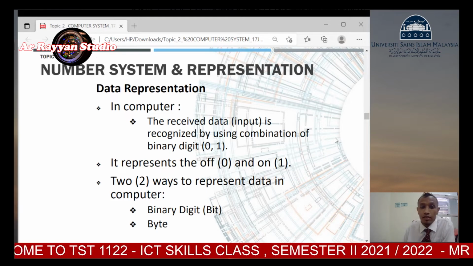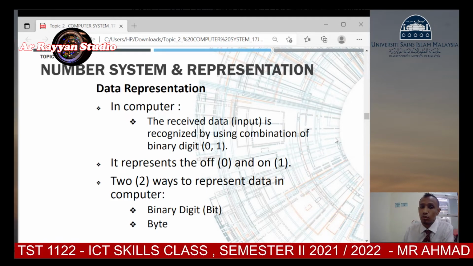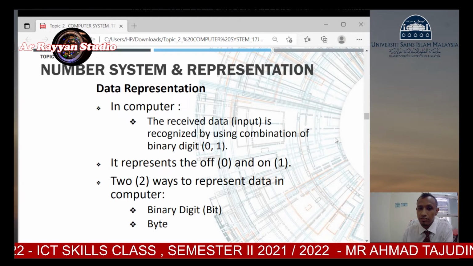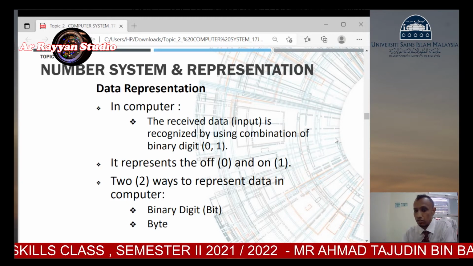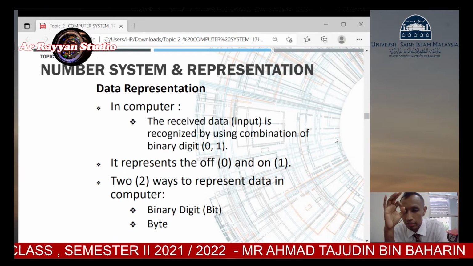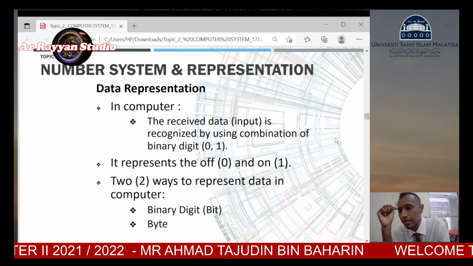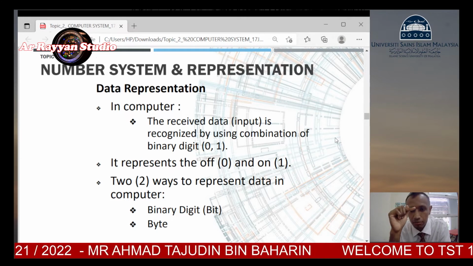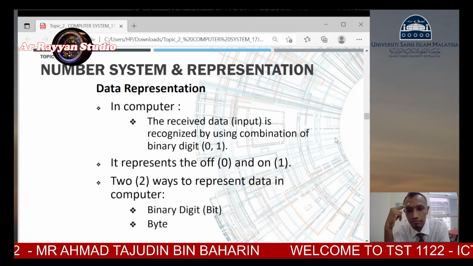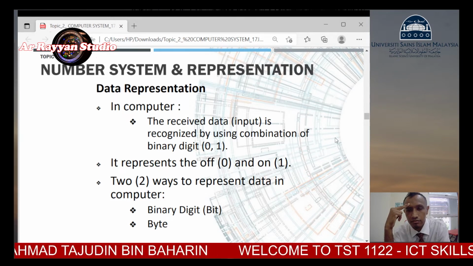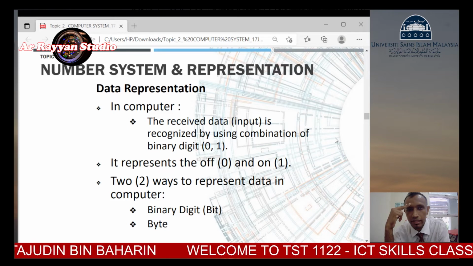Right, so data representation in computer, the received data input is recognized using combination of binary digit. So nombor 0 dan 1 tu, we call it as a binary digit. Okay, binary means what? Binary apa?